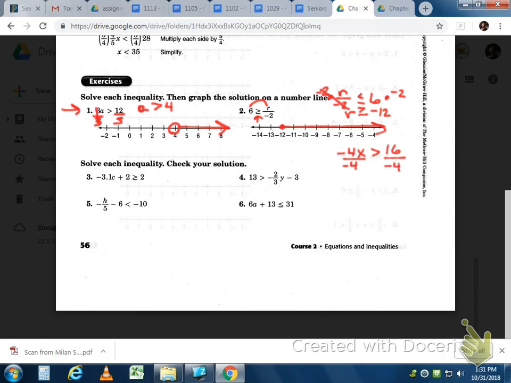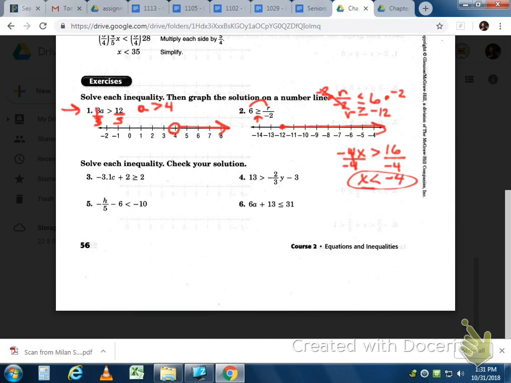The minute you think that or say that, divide by negative, you've got to flip that around. The negative 4 divided by negative 4 is gone, and x is less than negative 4. Anytime you multiply or divide by a negative, you got to flip it around.